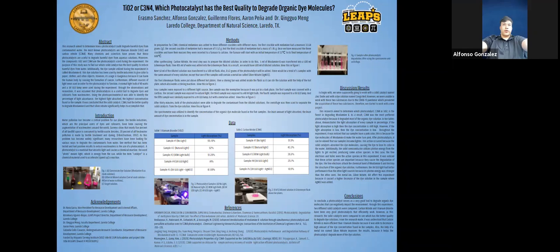Though water pollution has become a major issue, mainly caused by the textile industry, which releases harmful dyes and chemicals into our water sources.